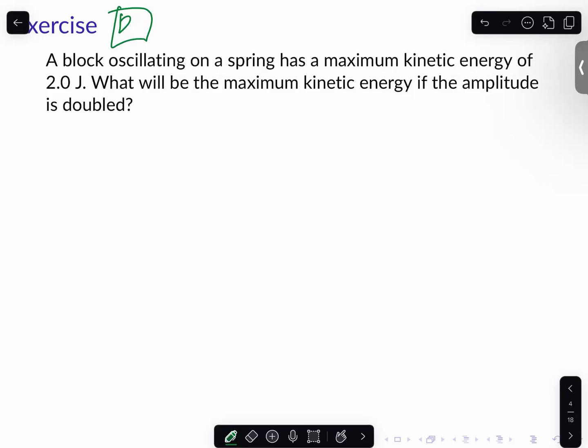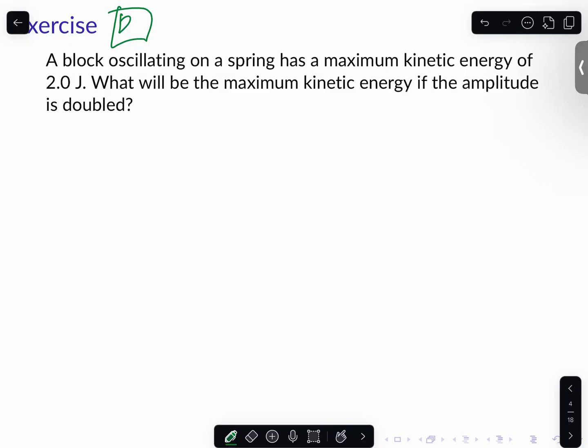Okay, so here's how I think of this. I tell you the maximum kinetic energy, but I don't tell you anything about motion terms. I don't tell you about the mass. I don't tell you about the velocity. So we have to start by using the principle of conservation of energy. I want to relate this to amplitude, which is the potential energy.